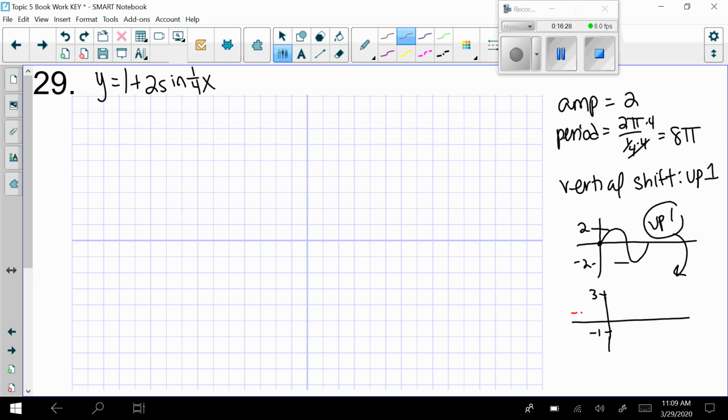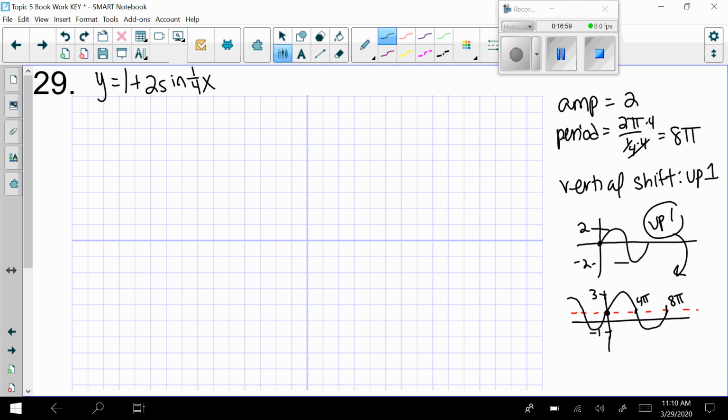My midline is going to be here at 1, just so you can see what's going on. So now we're going to go to 3, down to -1. Same thing here. Okay. And we are taking, not 2 pi, geez, we're taking 8 pi to cycle through. So then that's going to be 4 pi.